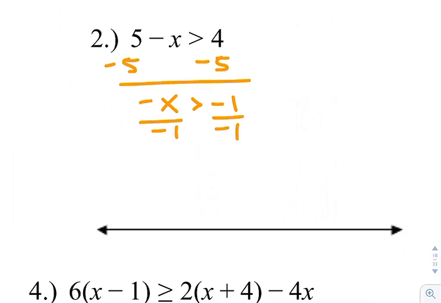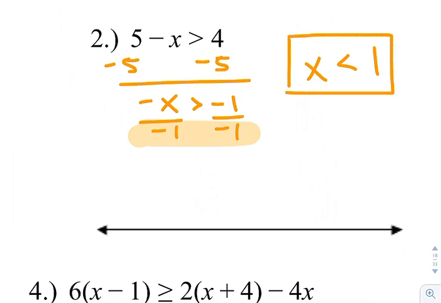So we end up with x is less than, because we divided by that negative number. When we divided by a negative number, we needed to switch or reverse our inequality sign. X is less than 1.